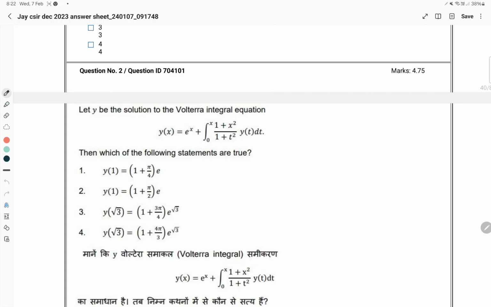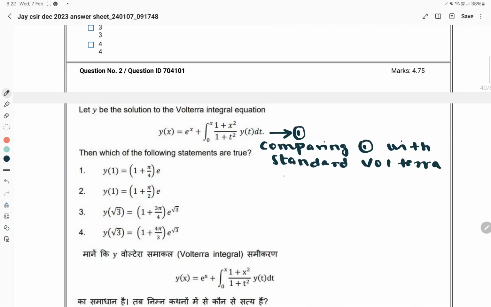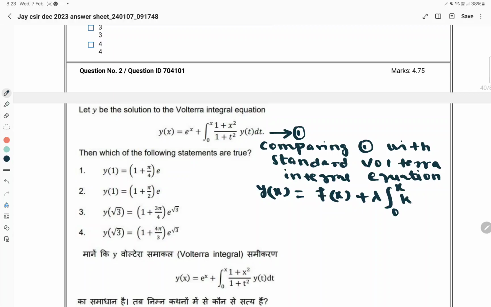Since the problem is a Volterra integral equation, I am going to take the given equation as equation 1, comparing 1 with the standard Volterra integral equation y of x equal to f of x plus lambda integral 0 to x k of x comma t y of t dt.